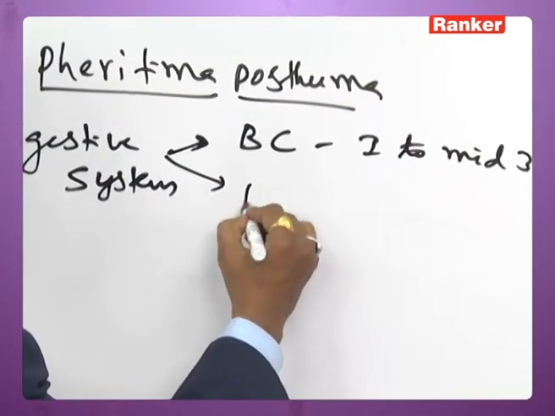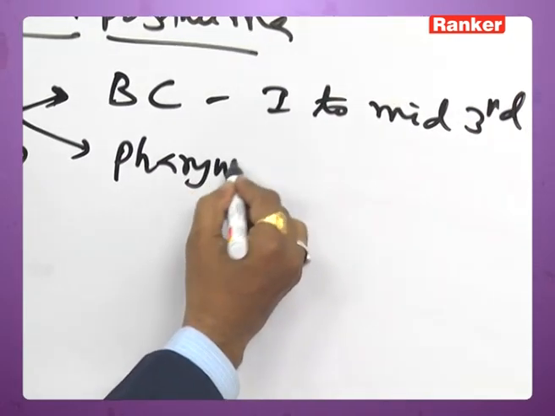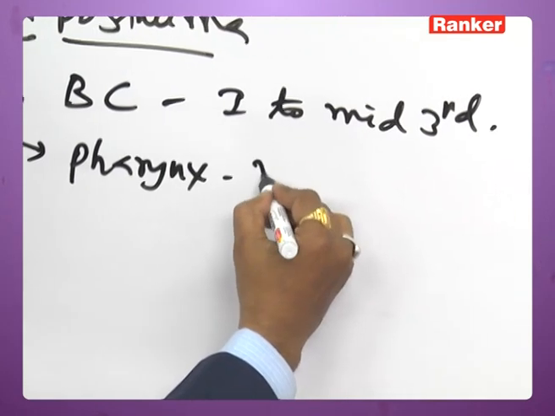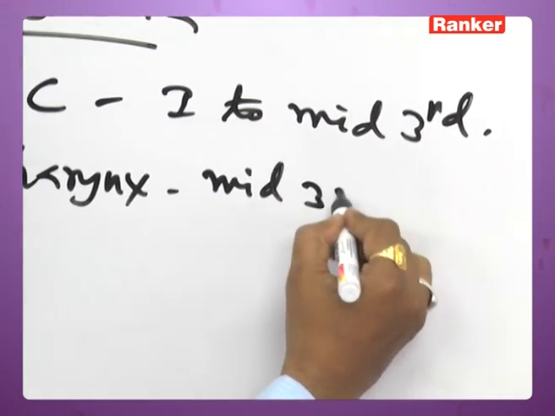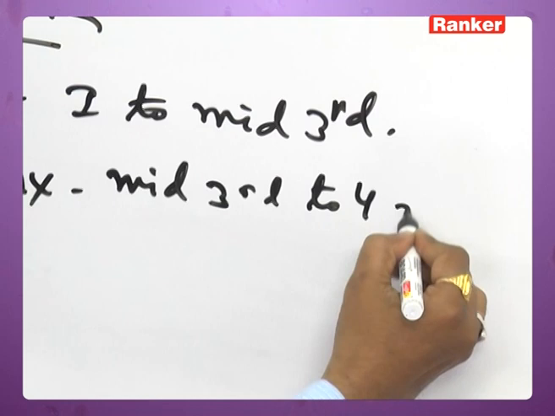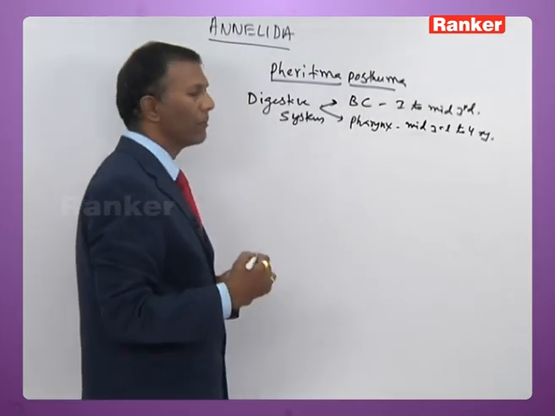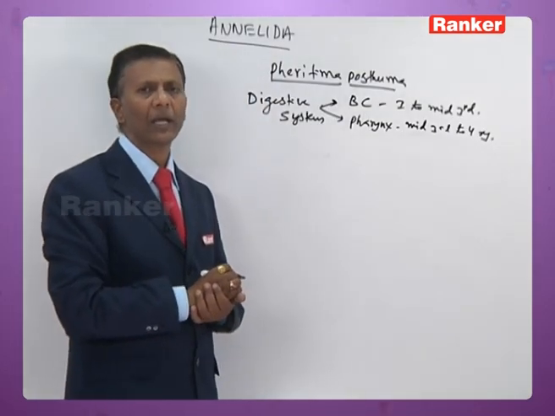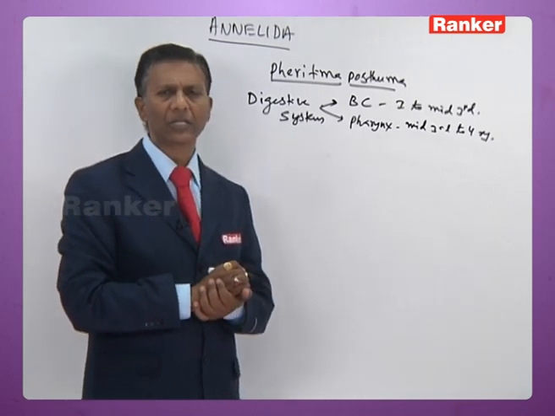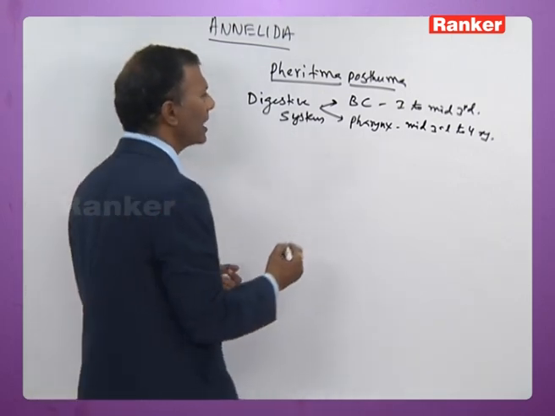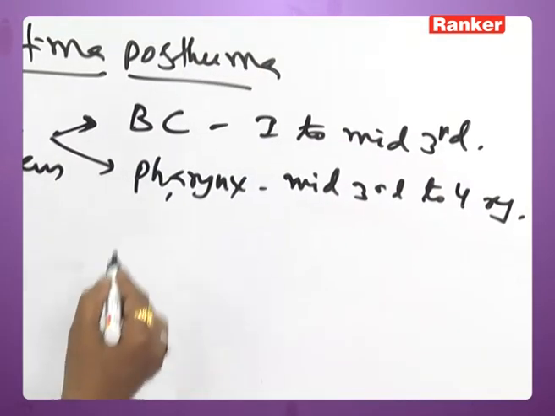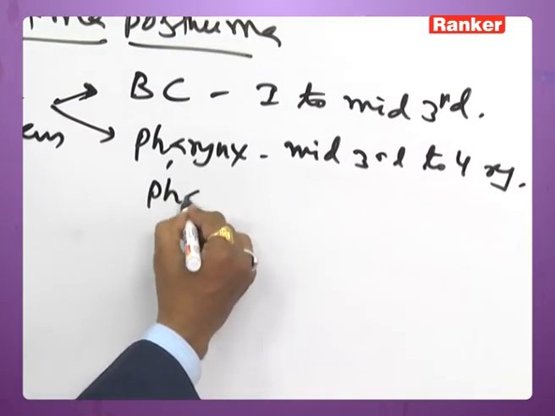The buccal cavity is followed by the pharynx. Pharynx is present from the mid third segment to the fourth segment. Pharynx acts as a suction pump, and within the pharynx there are salivary glands, which is called the pharyngeal bulb.